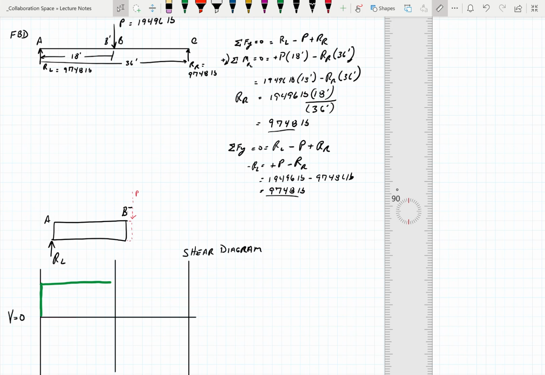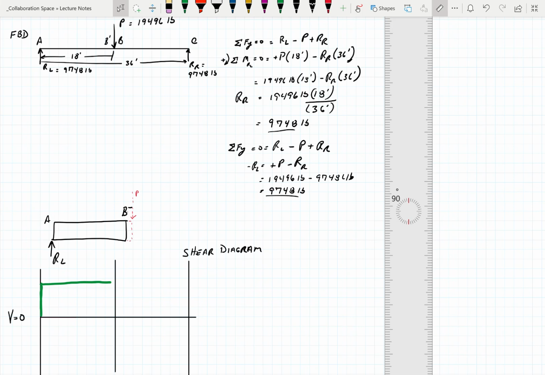So everything across that beam until that point of B. So B minus, or B prime, no, what did I put down? I put B prime. B minus is above B prime. So just before B happens, the force at B, everything still stays the same. There's no other forces acting on that, okay?